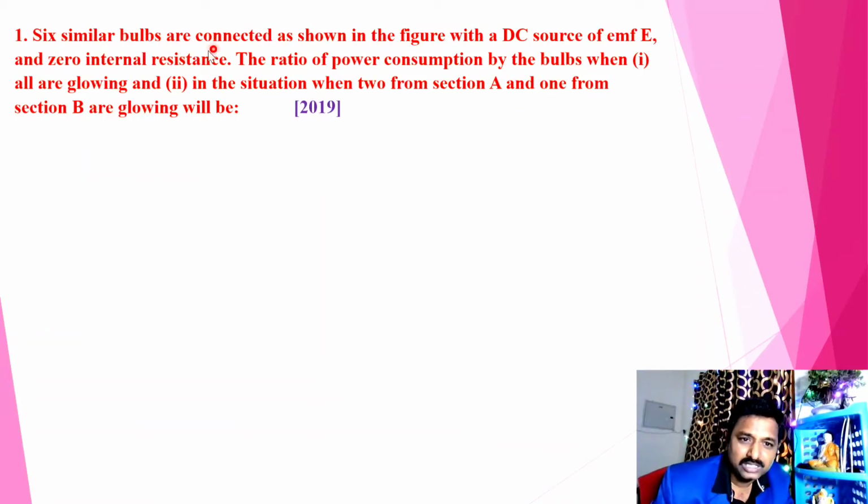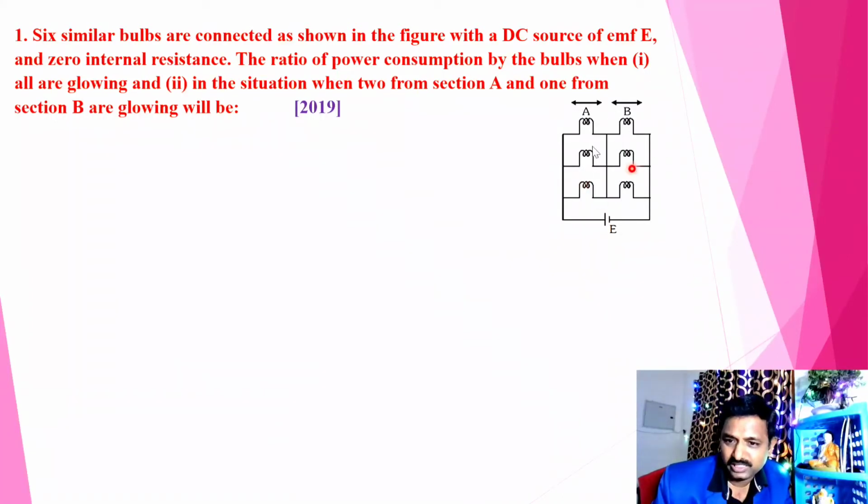Six similar bulbs are connected as shown in the figure. Look at the figure here. Six similar bulbs are connected with a DC source of EMF E and zero internal resistance.